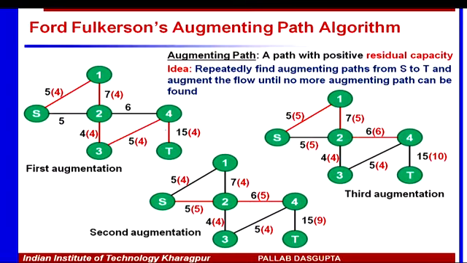Finding out whether there is a path from a node S to a node T in a graph, right? Can we do it with a depth first traversal?